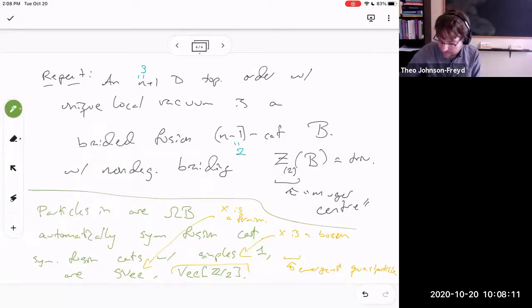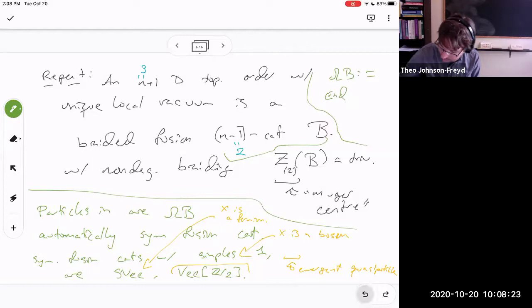So let me remind you, B is going to be a braided fusion 2 category. And omega B is my notation for the endomorphisms of the unit object in B. And it's always one category lower and one monoidality more.